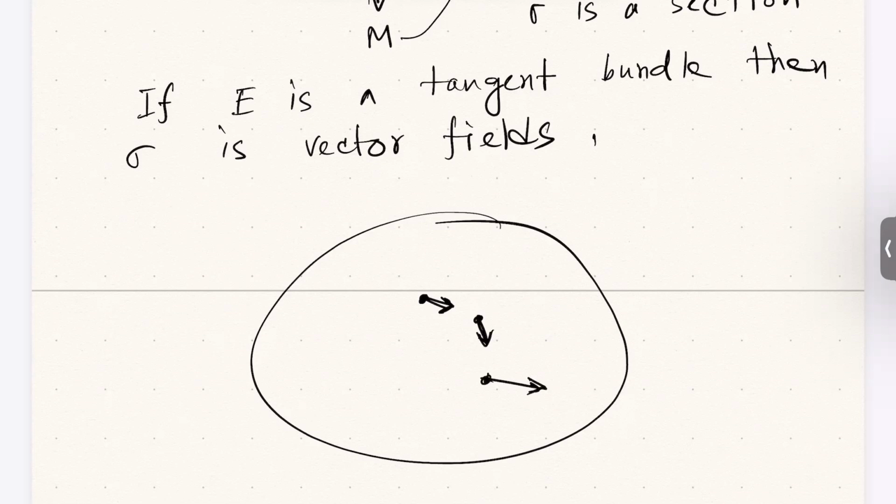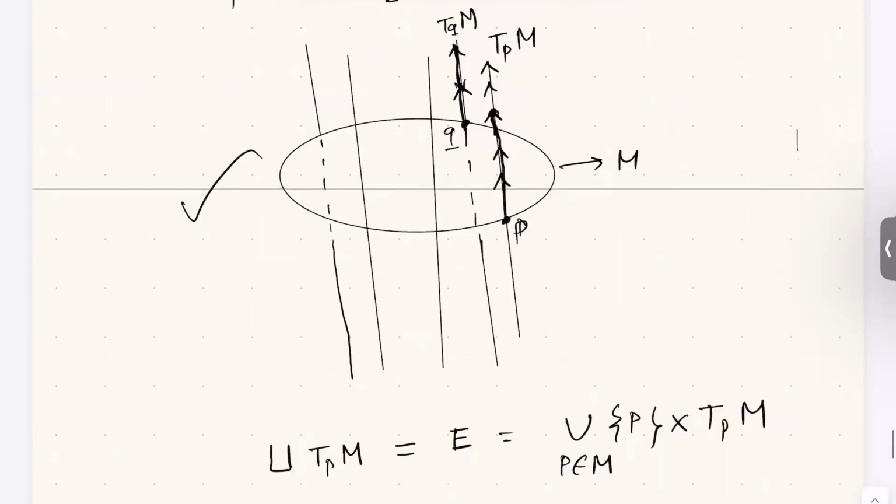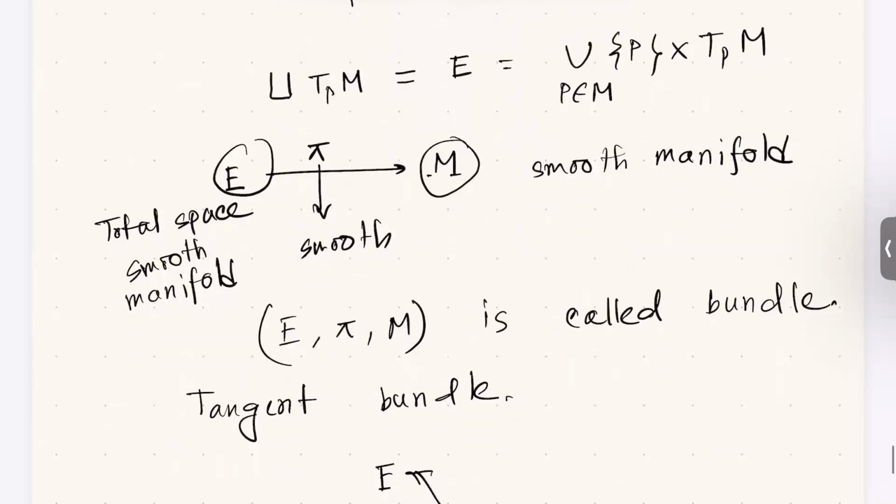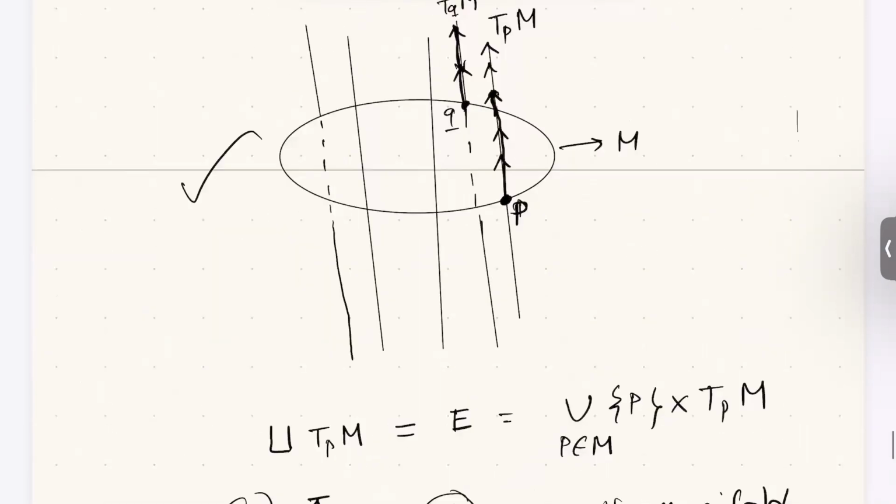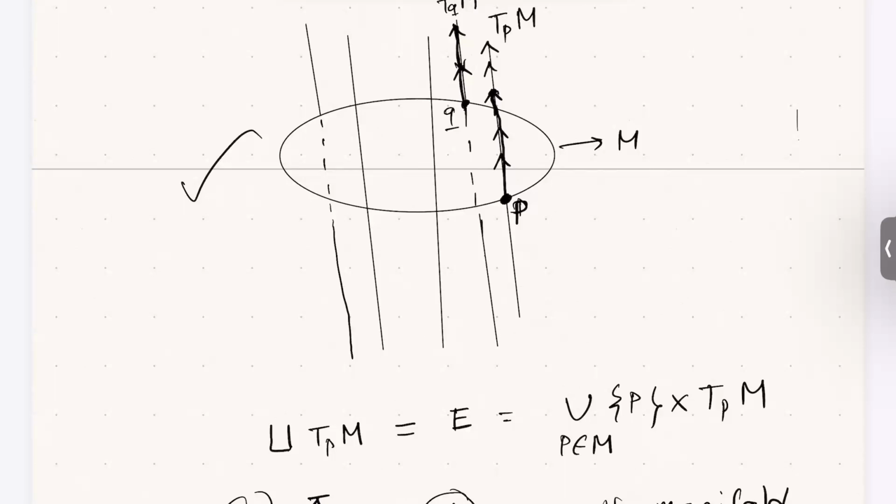Now, this is the point P. If I consider the map sigma, then sigma takes this point to a vector, this one.